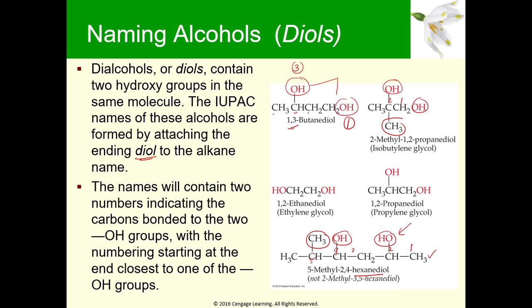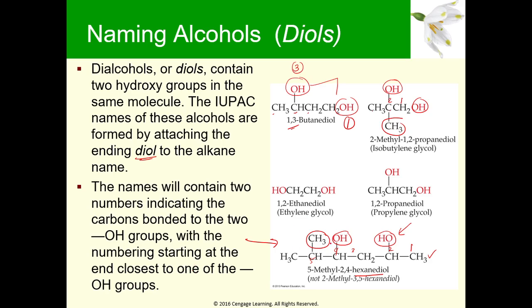So, going back, so for the naming of your alcohols or diols, so yung sa case dito, maaaring malito kayo kasi may dalawang OH. Saang end magsa-start. So the names will contain two numbers indicating the carbon bonded to two OH groups with the numberings starting at the end closest to one of the OH groups.